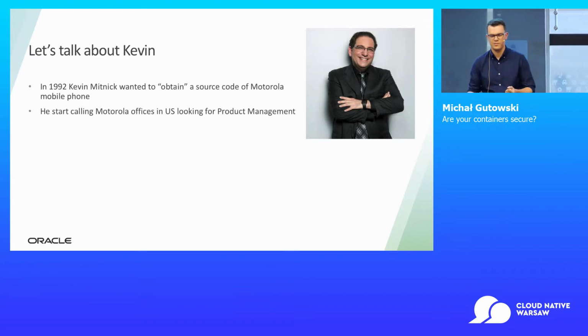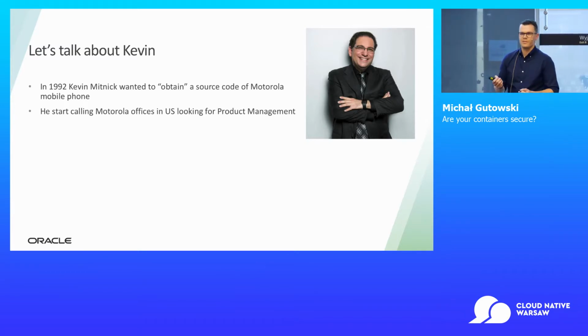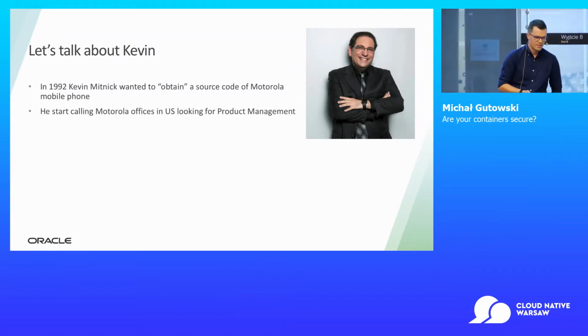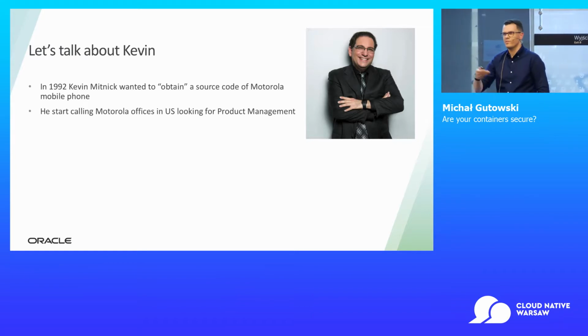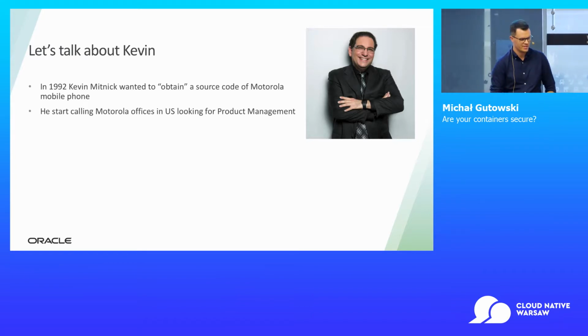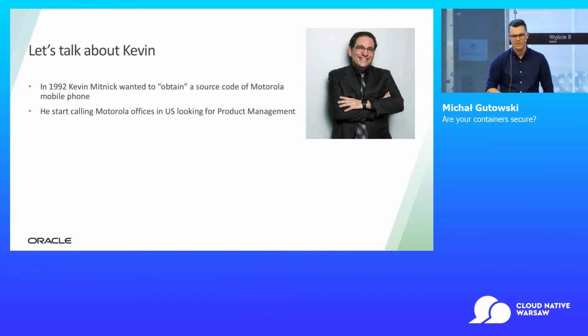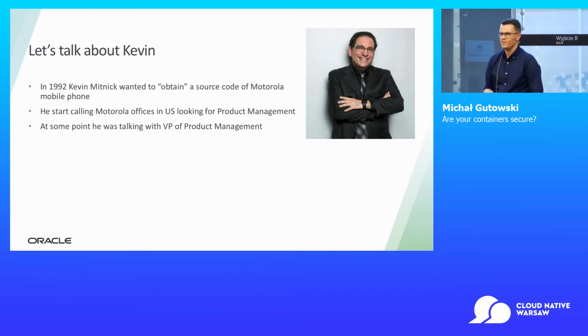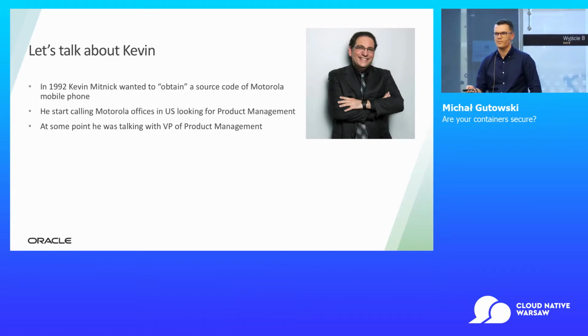So what he did, he just opened a phone book. It was 1992. He called the Motorola office and he asked for a product management of the Motorola phone. Yeah, and he was being transferred from one person to another. Right? Obviously, he used his fake name. At some point, he was suddenly talking to the VP of the product management. Yeah. It's a first success.